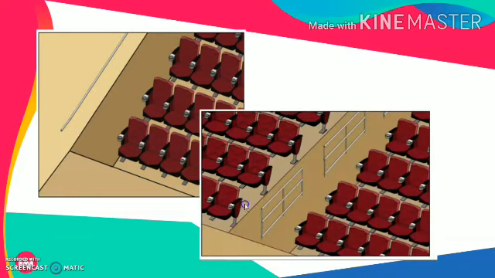So this is one view where the ramp has been provided on the side of a sitting area in an assembly hall or, say, a theater, and on that side there is a ramp and a handrail provided along the side wall. While in this figure the sitting area has been divided into two parts, and at the center there is a sloping ramp or sloping surface.